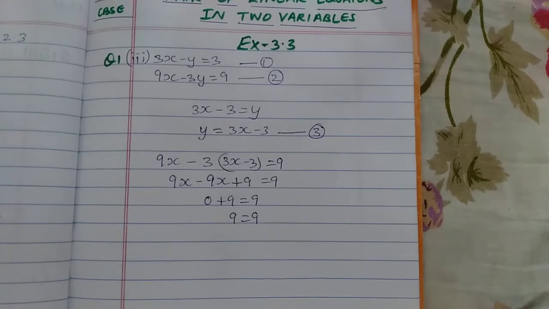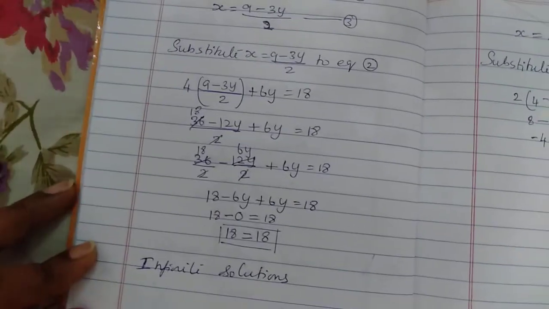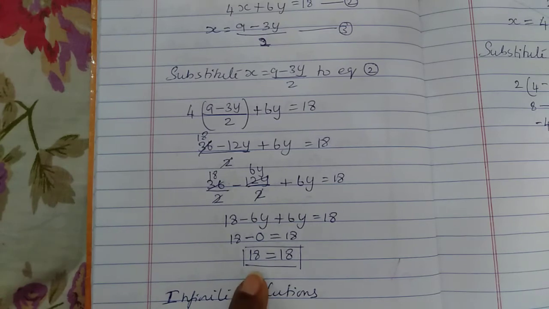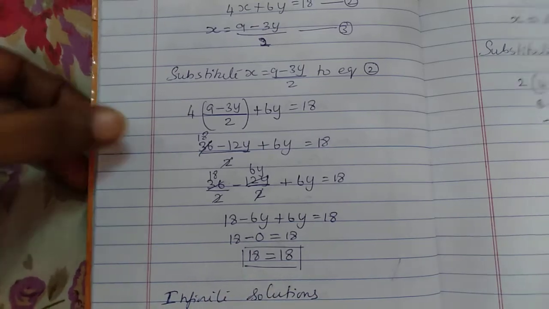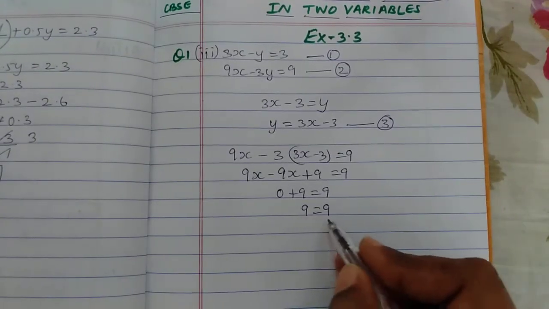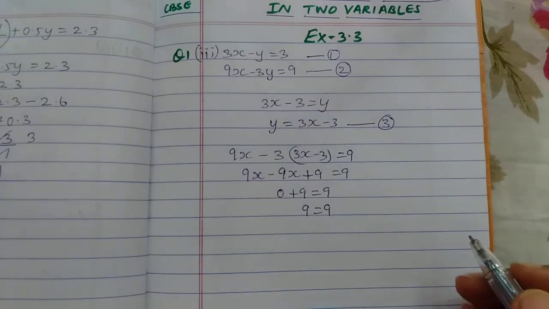This is our answer. You remember in my earlier video, in my introduction video, I told you that if you get an answer like this, 18 is equal to 18 or some number is equal to some number, where LHS is equal to RHS, it means that you will get infinite number of solutions. So the same way here, since we got an answer 9 is equal to 9, these equations will give you infinite solutions.